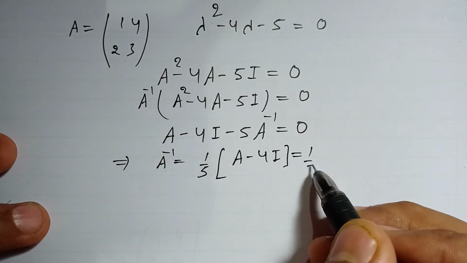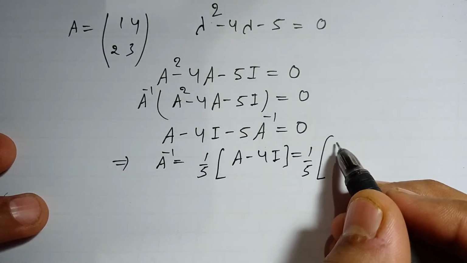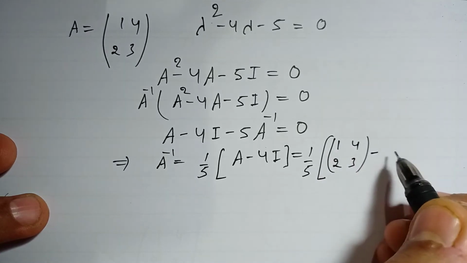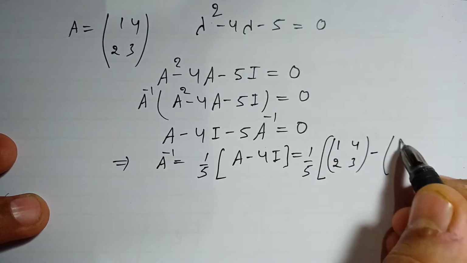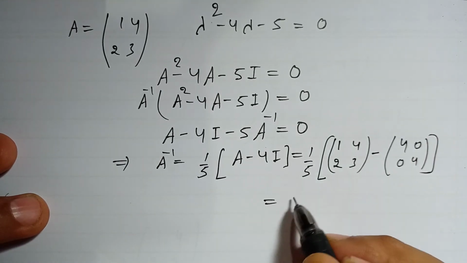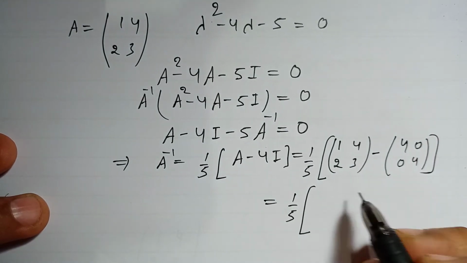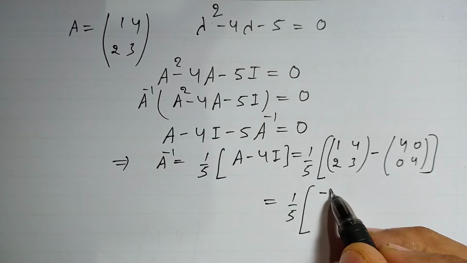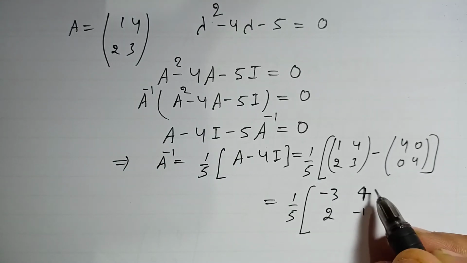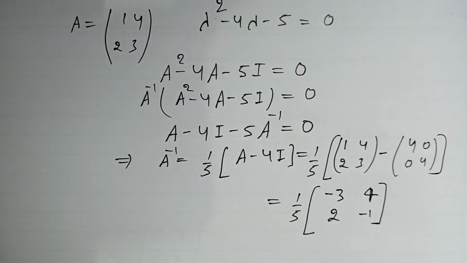So it will be 1 by 5 times [1 4; 2 3] minus 4 into I, which means [4 0; 0 4]. Then this will be 1 by 5 times [-3 4; 2 -1]. So this is your A inverse.